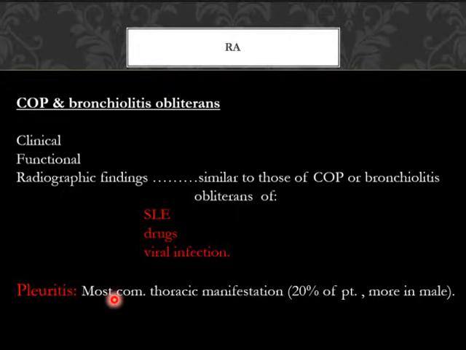They are clinically, functionally, and radiographically similar to those from other conditions like SLE, drugs, and viral infection. They cannot be differentiated. Pleuritis is the most common thoracic manifestation of rheumatoid arthritis, which occurs in 20% of patients.